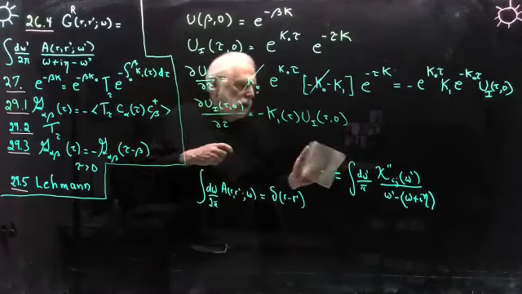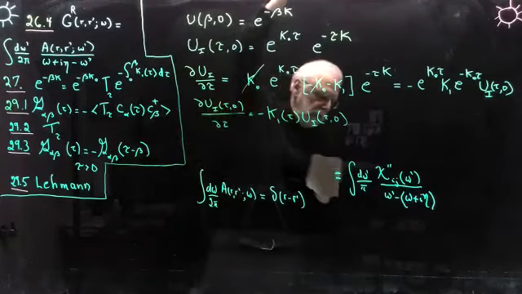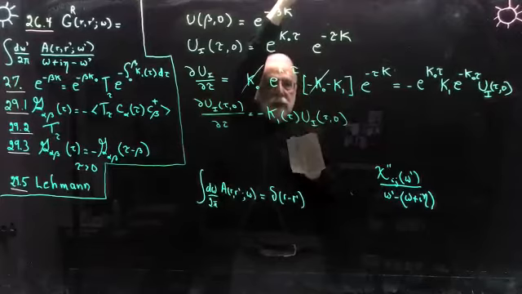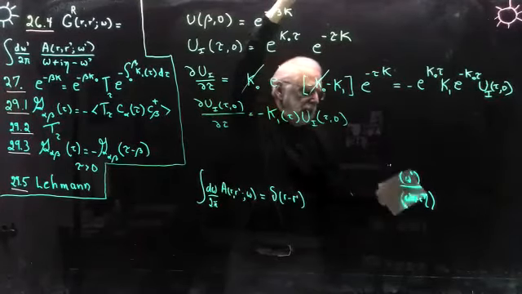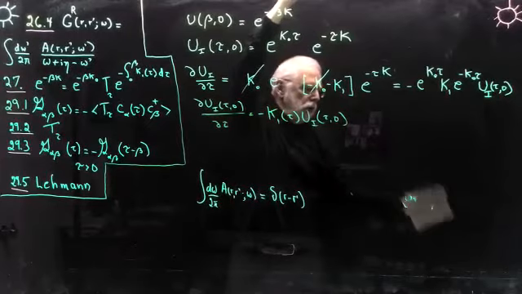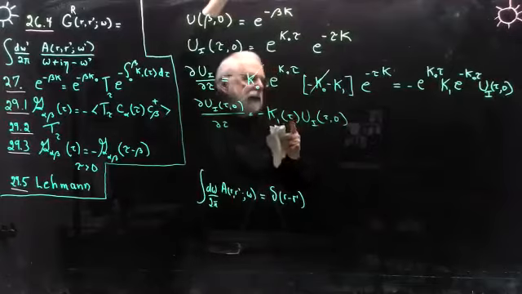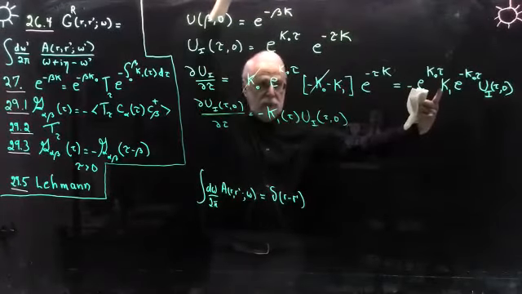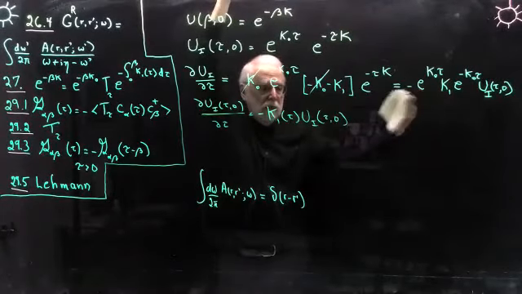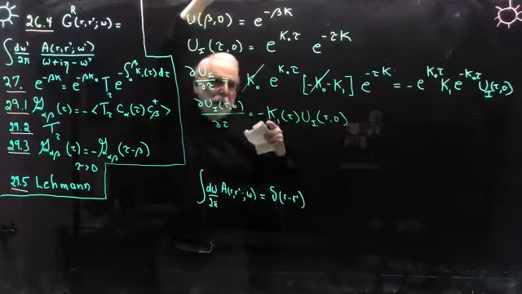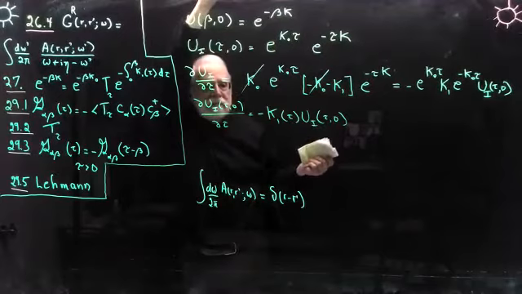So we need to work out what we mean by this. You see the problem? Why is it that we cannot write it as just an exponential? It's discussed in detail in the notes, but in a few words, K1 is evolving in time, or imaginary time. So it means that K1 at different times perhaps will not commute with itself.